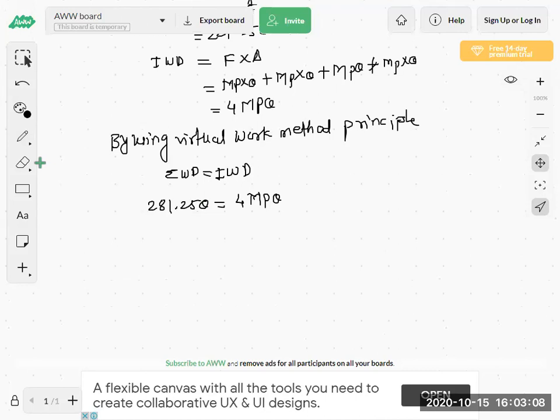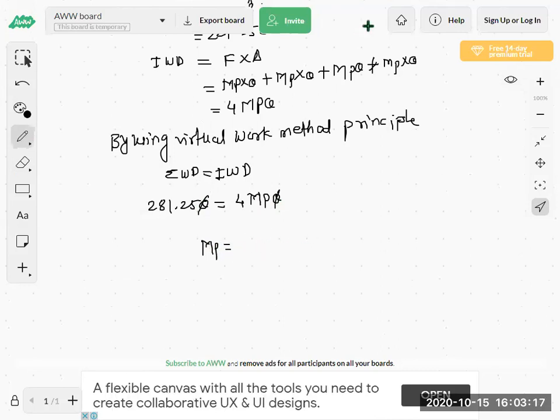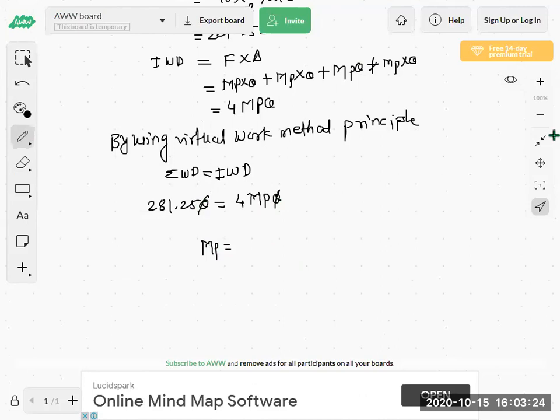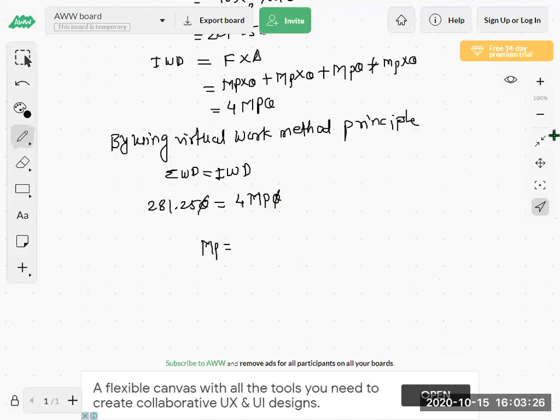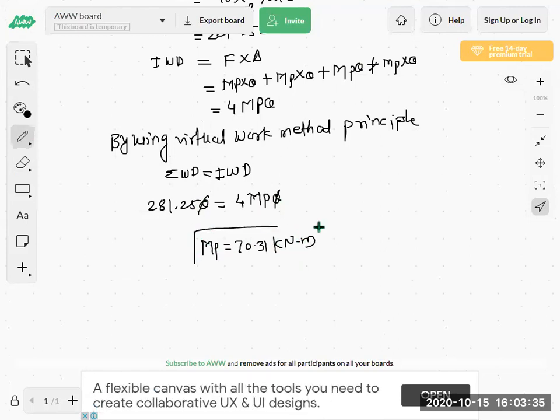So here theta, theta get cancelled. So MP is equal to how much? MP is equal to 70.31. Sadiq has given answer 70.31. Okay, correct. Sonali also given 70.31 kilonewton meter.